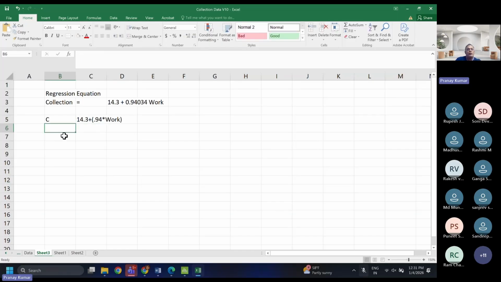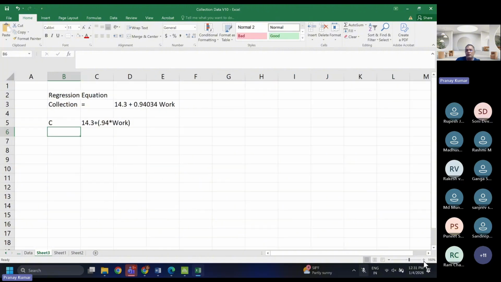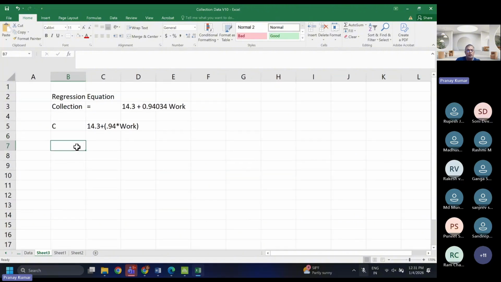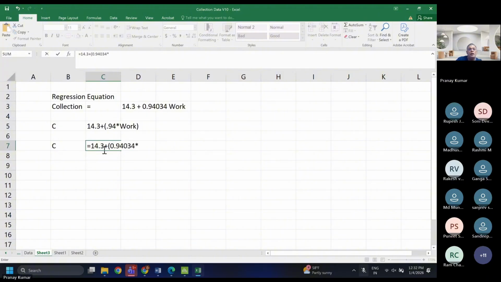Right. So let's say I have a situation, let me first create a formula out of this, create a calculator out of this. I'm saying C is equal to 14.3 plus 0.94034 into, let us refer to this column in which I will add work.